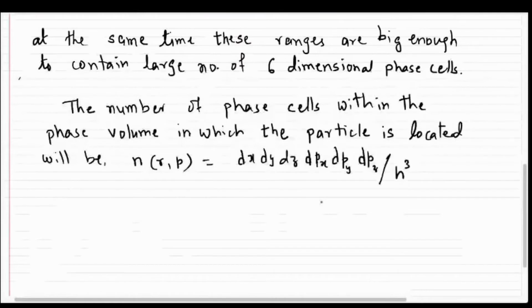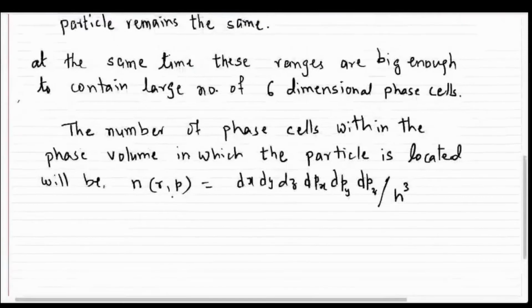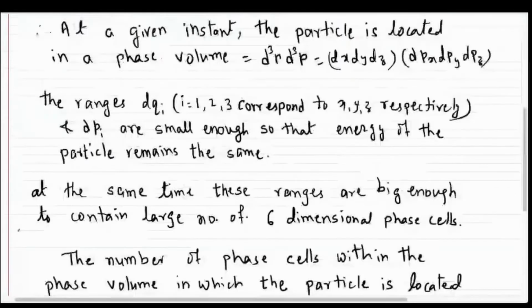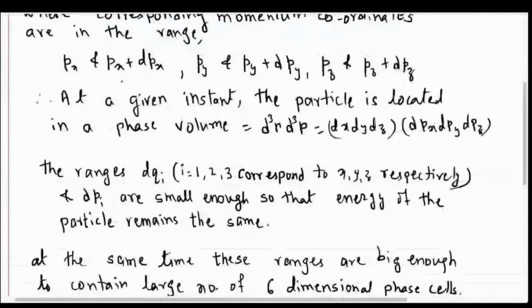Ma'am, thank you. So ma'am, that n(r, p) is not the degeneracy of that macrostate. It will show you the number of phase cells in that particular phase volume, but it's not the degeneracy, right? If this particular number of phase cells is there within this particular volume, see here we have written that the particle is located in this particular volume in such a way that the energy of the particle remains the same.